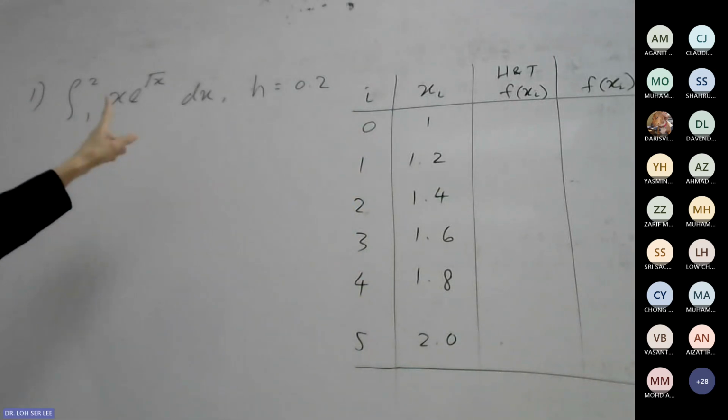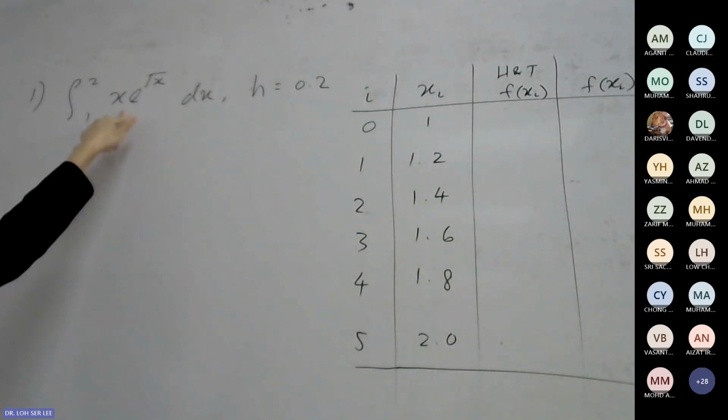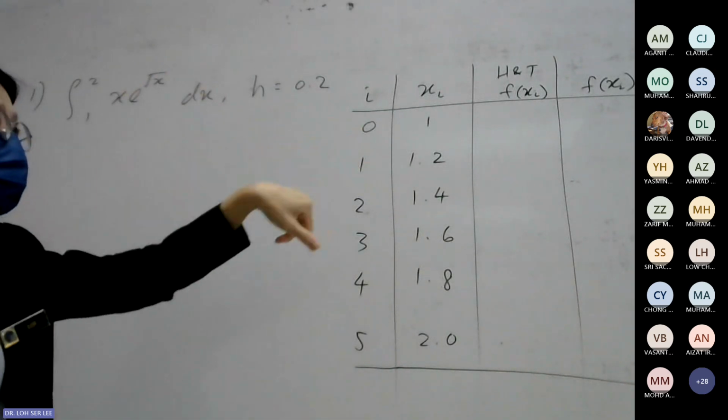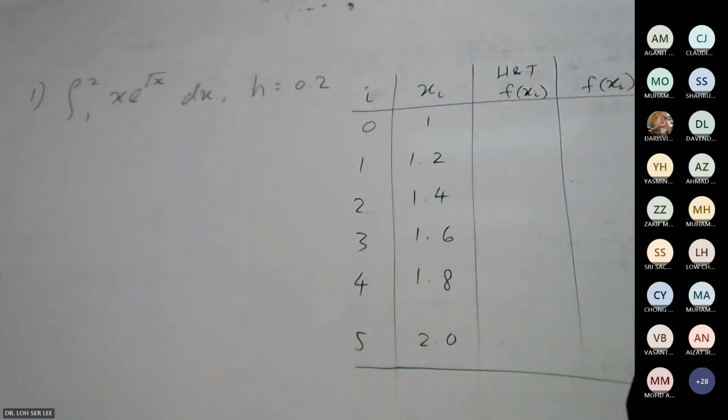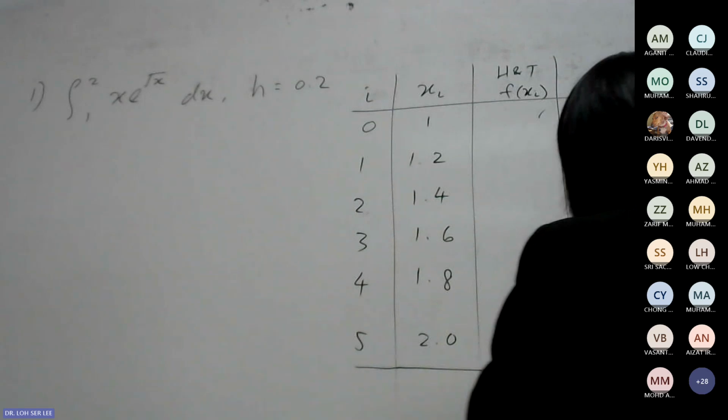Now you can key this function into your calculator and calculate to get their corresponding f value, and allocate your f at the correct location, head and tail, and the rest of the f you put here. Then sum them up.